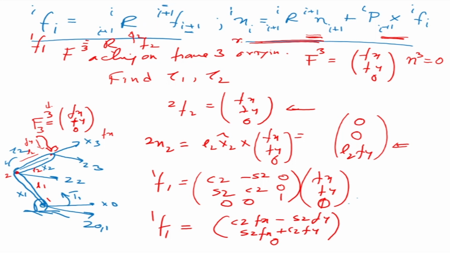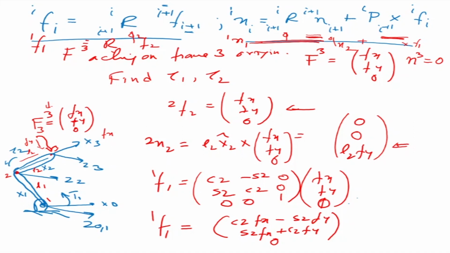This gives me the moment on the ith link, which is equal to a rotation matrix R into the moment n2, plus there is a distance p_i cross force f_i. So this is force f1.